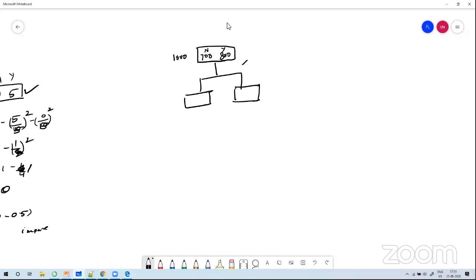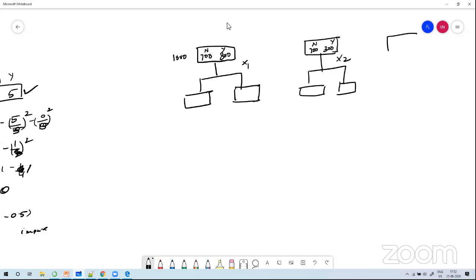We are doing it with X1 here, and we are doing this again with 700, 300, no, yes, separating this into child nodes, and we are doing it with X2 here, with the same 700, 300, no, S. Now we are splitting this with X3 here. At the root node, let's say our entropy is 0.42. Sorry, Gini is 0.42.